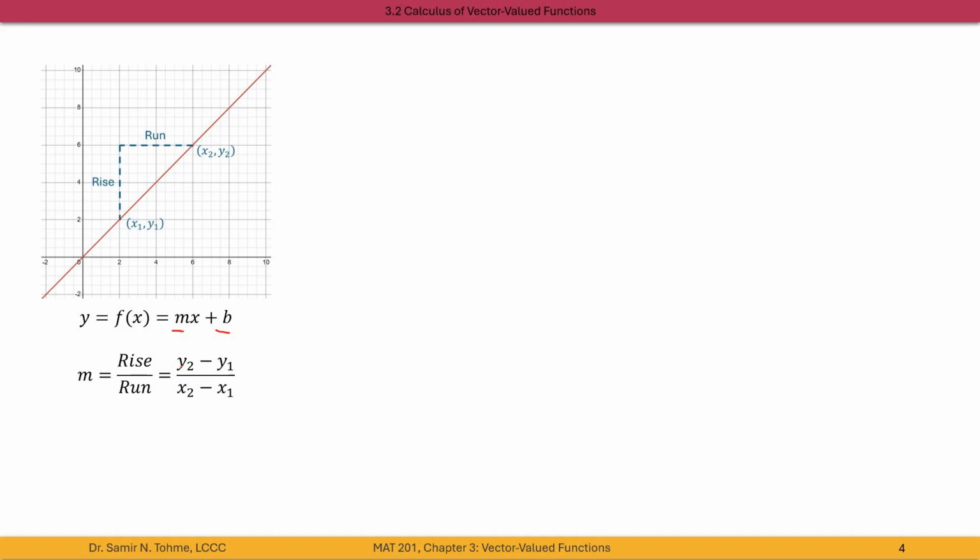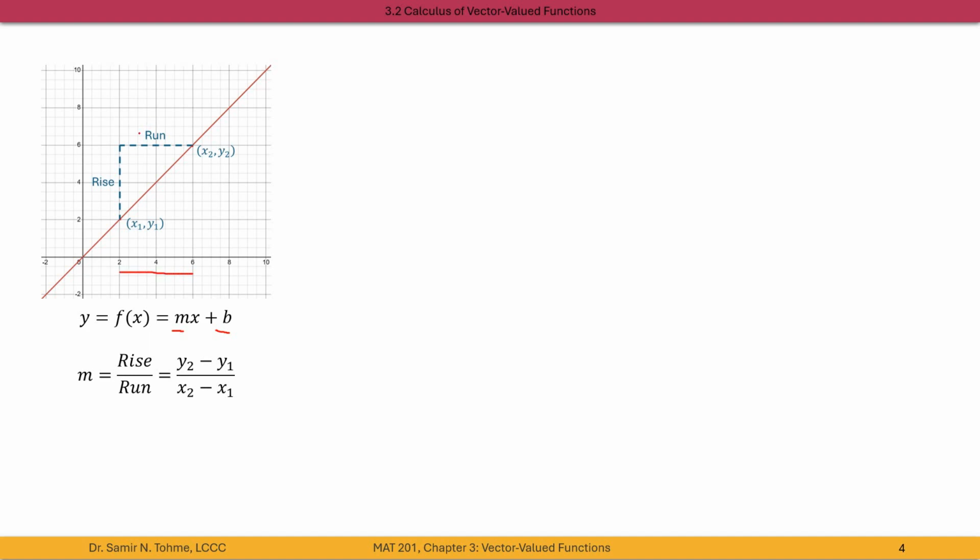To find the rise, y2 minus y1 is the distance between y2 and y1. If you calculate y2 minus y1, this will give you the rise, the distance from here to here, divided by the run, which is x2 minus x1. x2 minus x1 is this one.